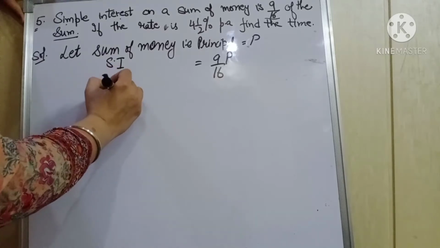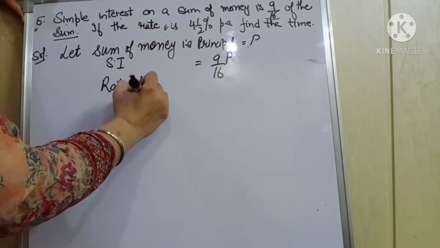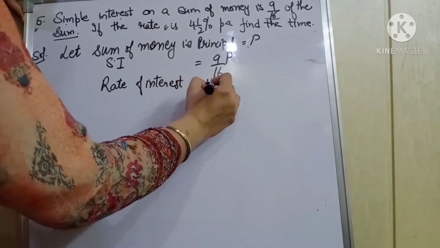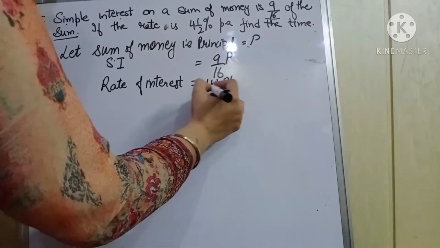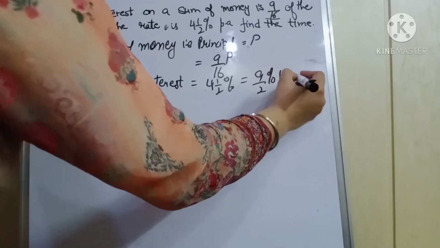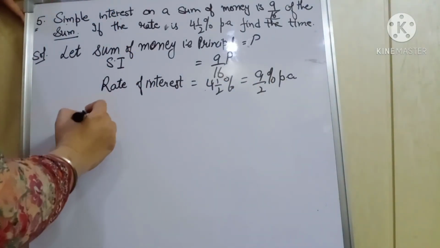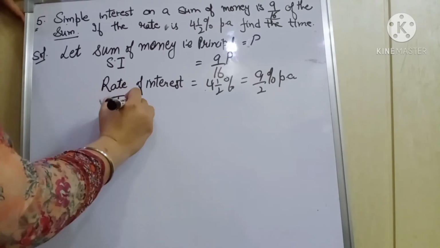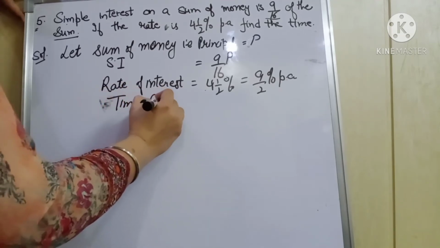Now rate of interest is equal to 4.5%. 4 twos are 8 plus 1, 9/2% per annum. Find time period. Time period you have to find.